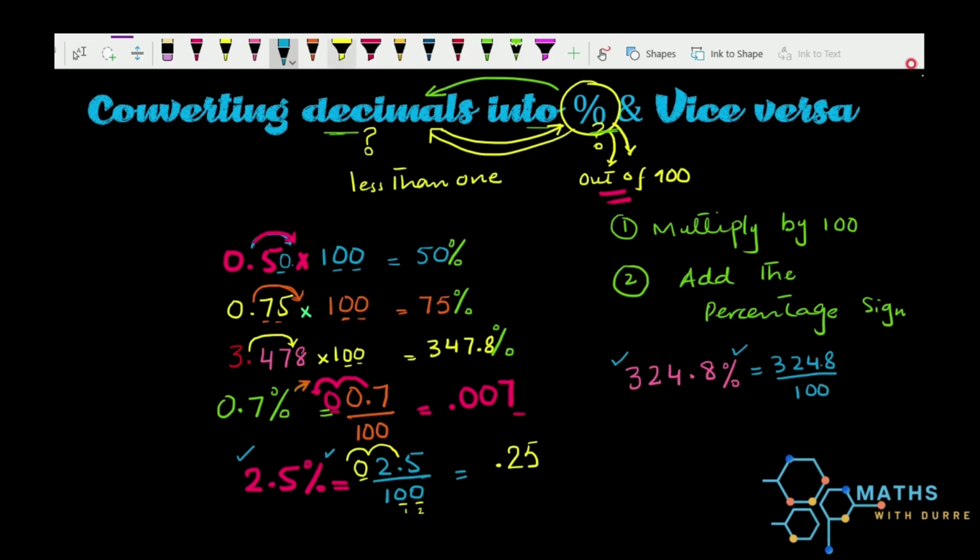This is the time to move the decimal point. As I know 100 has 2 zeros, I need to move this decimal point 2 digits left. The new placement of the decimal point will be before 2. Let me change the color. Before 2. This is how you can easily convert decimal numbers into percentages and percentages into decimals.